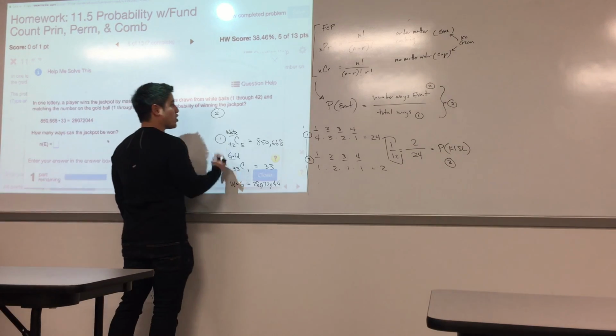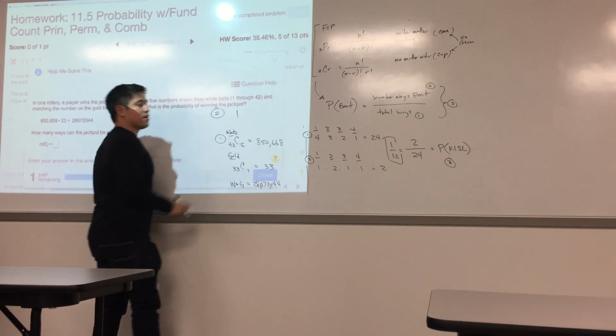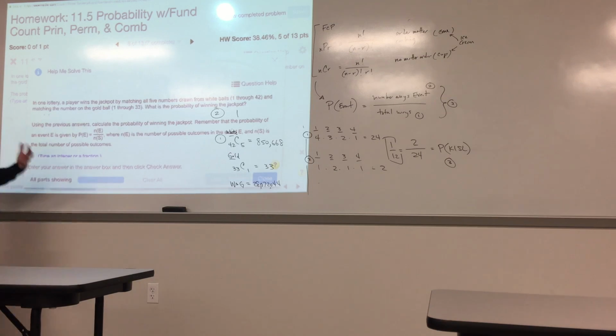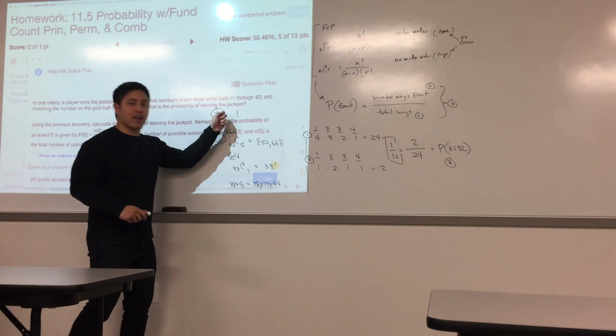So part 2 is just one. You have to get all the 5 white balls correct, and you have to get the 1 gold ball right. You have to literally land on the exact combination. Does that make sense, everybody? So to win the jackpot, you literally have to hit that exact one.